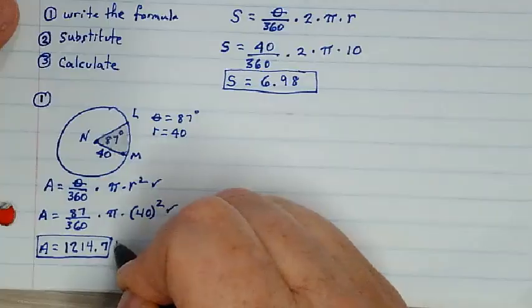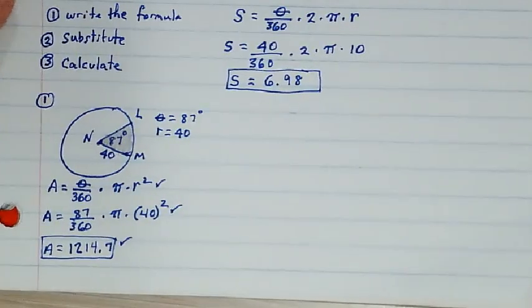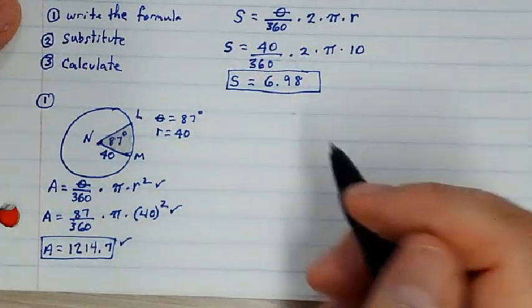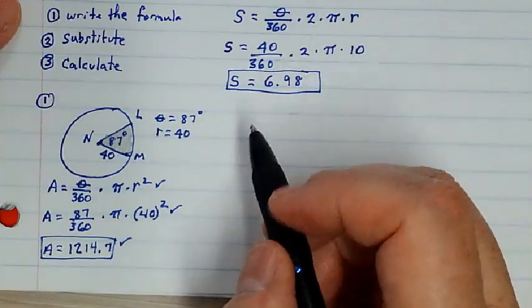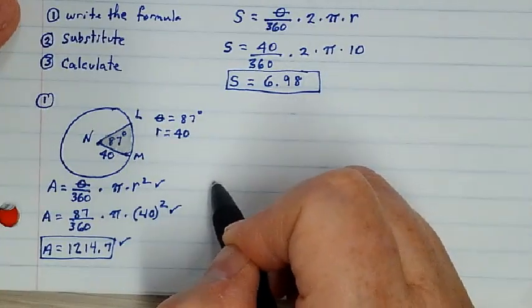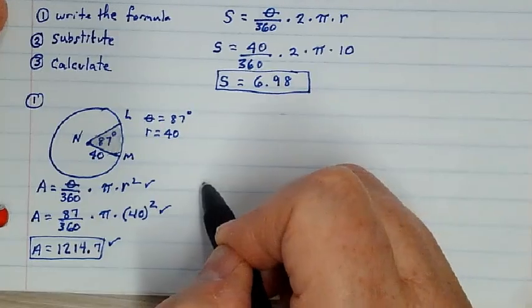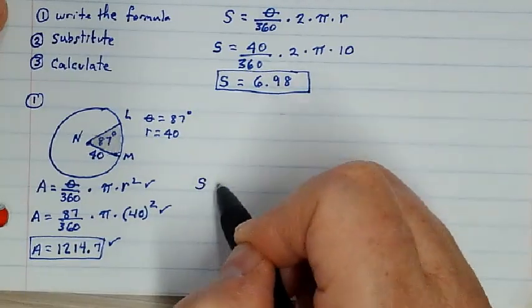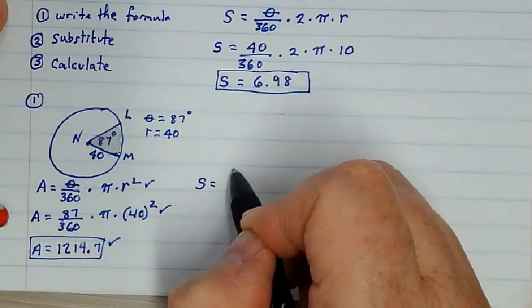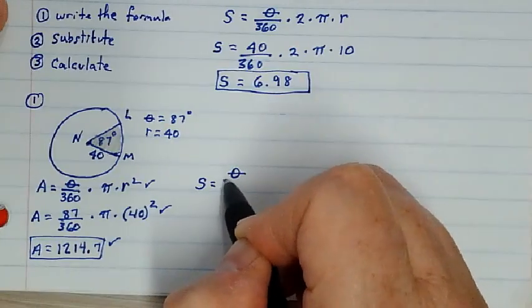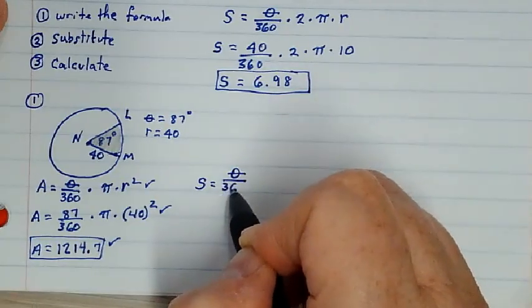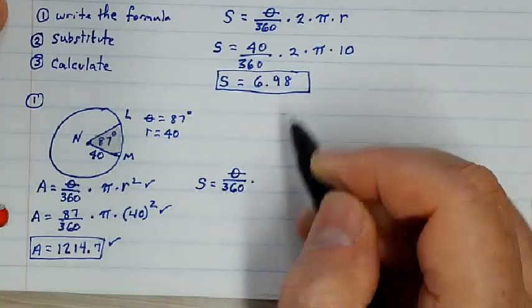Now for the arc length, again you have to do the same thing. You're going to say, okay, what's the formula for arc length? And we'd say S for arc length equals, again, theta over 360 times the circumference of a circle, which is 2 times pi times the radius.